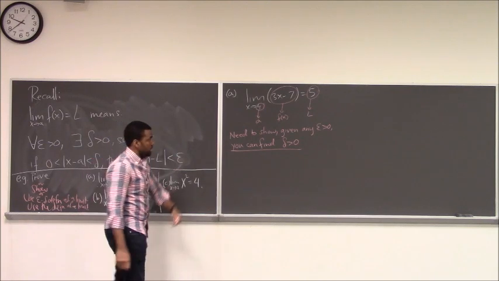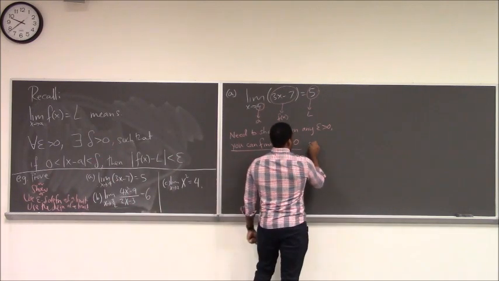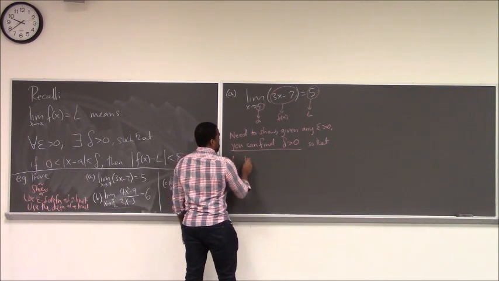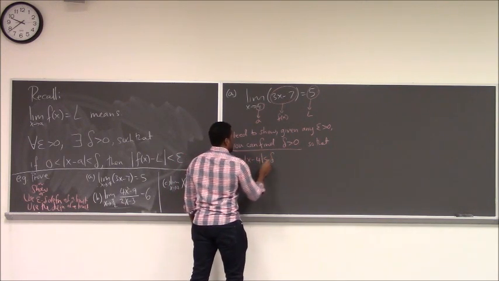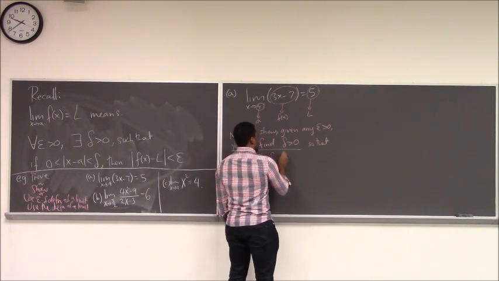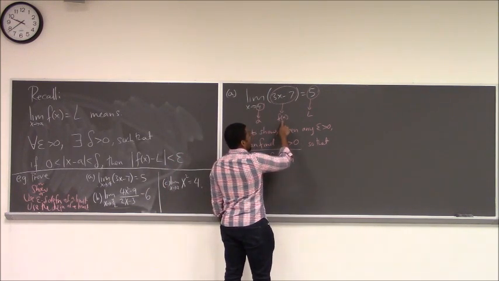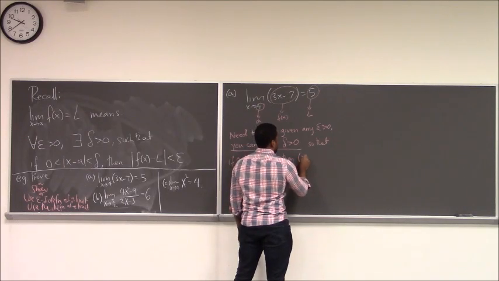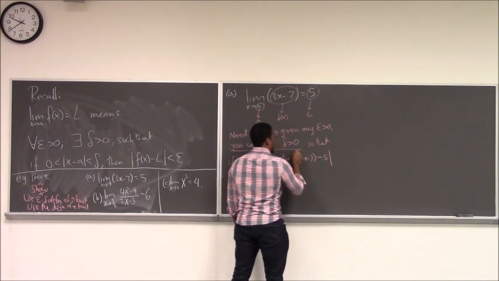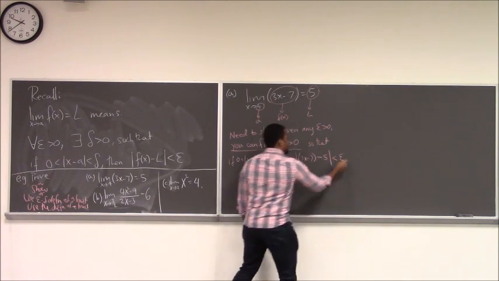You need to be able to find that delta so that if your x minus 4 in absolute value is less than delta, perhaps x is never reaching 4, then your f of x minus your L in absolute value must be less than that epsilon.